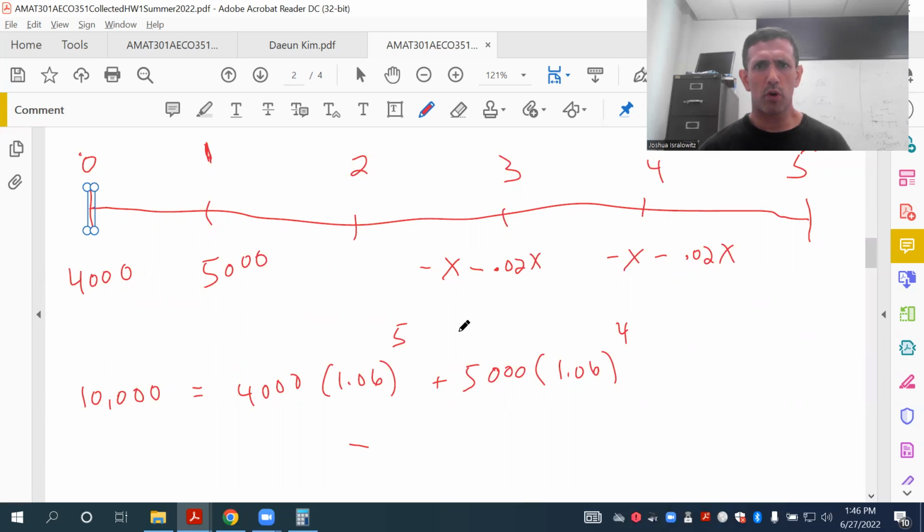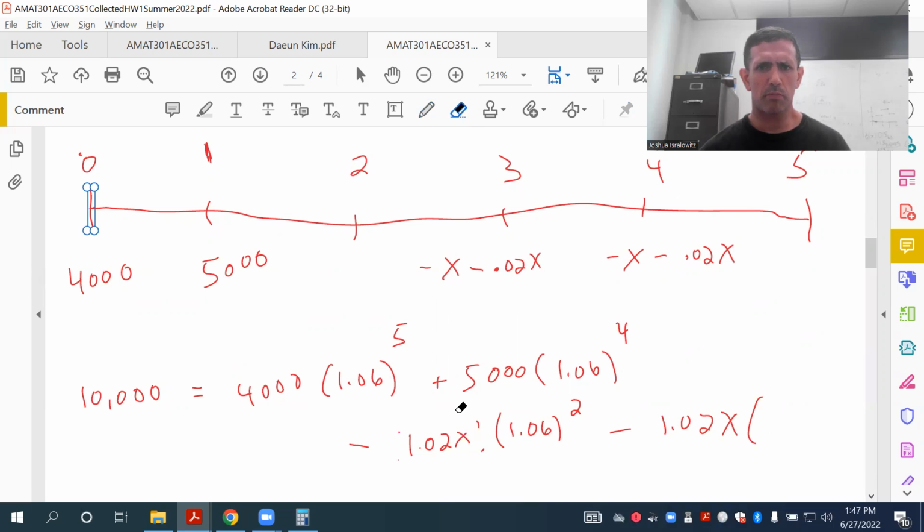So this is minus 1.02x. And that earns 2 years of interest. I guess you don't really need this bracket here.